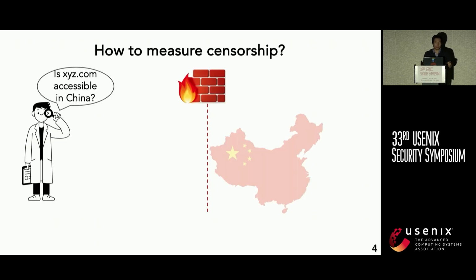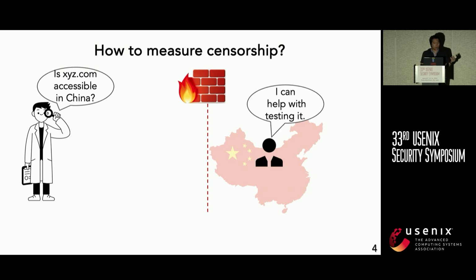So how can we detect internet censorship? Given a very repressive censor like China and the Great Firewall, how can we, as researchers outside of the country, know if a website is being blocked? Traditionally, we would ask a friend or a volunteer, like, hey, can you test xyz.com to see if it's accessible? And then they will tell you, oh, it's accessible or blocked. But as computer scientists, we tend to ask really general and bigger questions like, how many websites are being blocked?